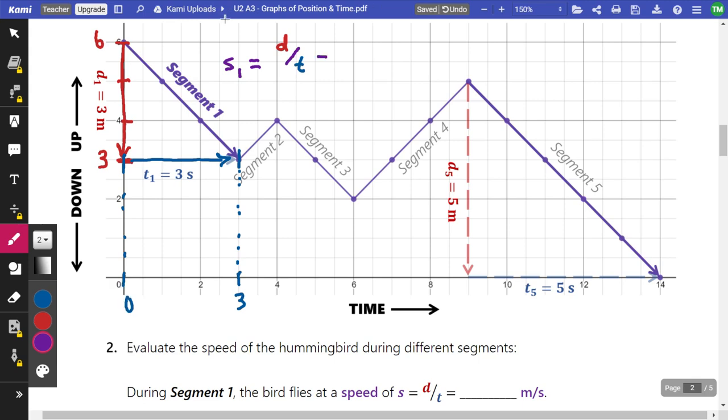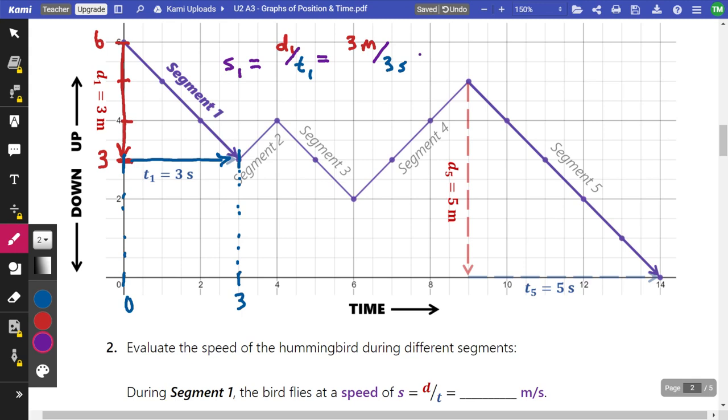So D divided by T, and more specifically, the distance in segment 1 divided by the time in segment 1. That's going to be our 3 meters of distance as the bird goes 3 meters downwards, divided by our 3 seconds of time that it took for the bird to get there.